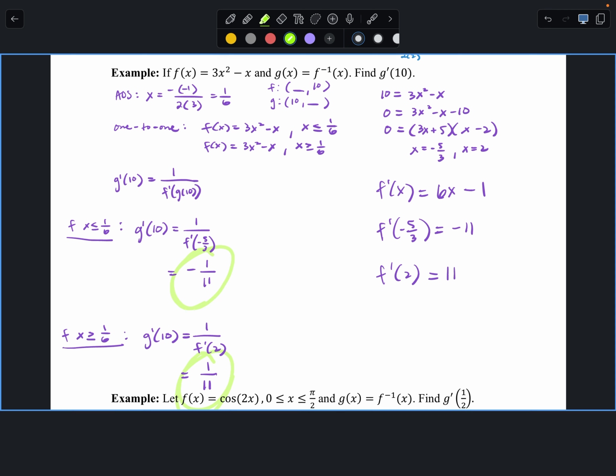Like think about x squared. Right, so this side or this side. So it would either be this or this.